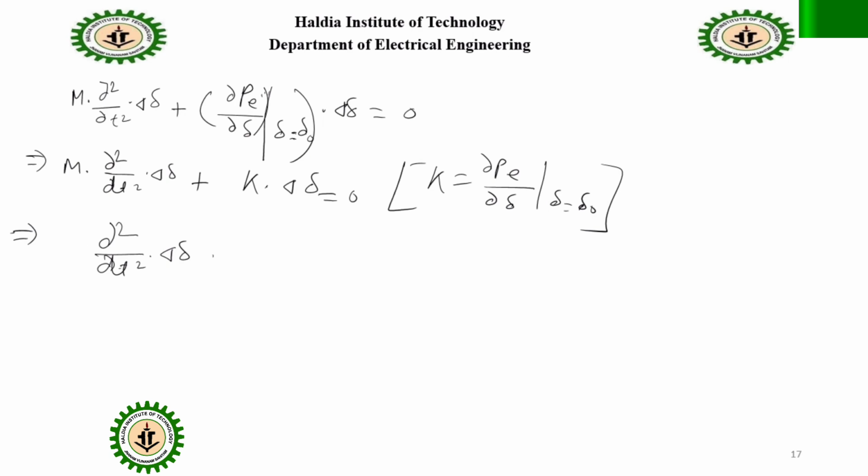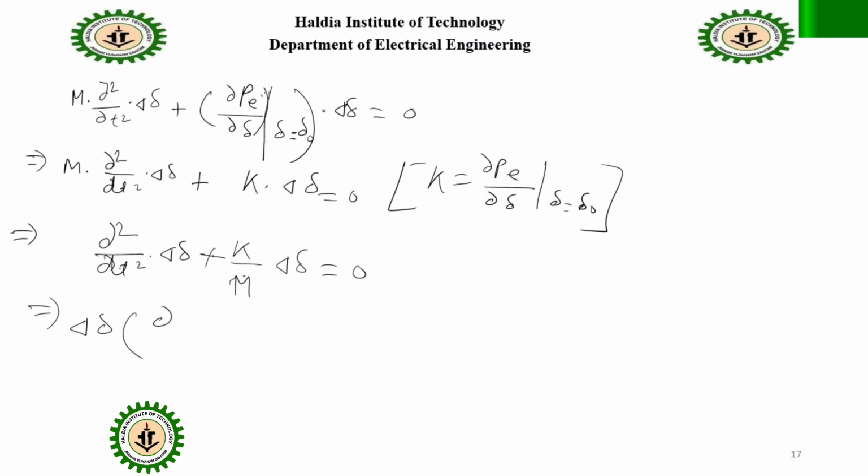Dividing both sides by M, it is coming plus K by M Δδ is equal to 0. So I am taking Δδ common.